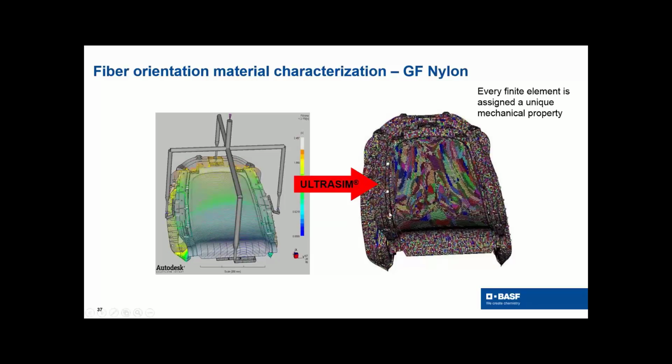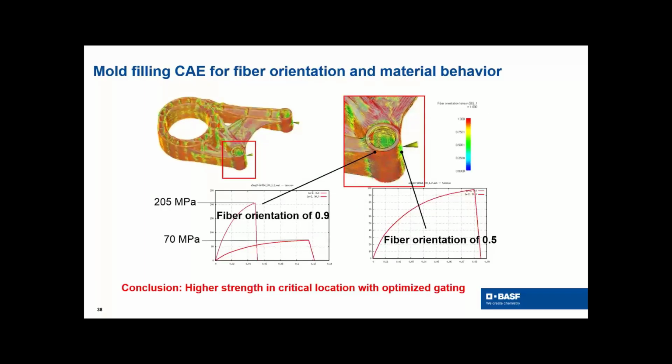So we use UltraSim, so at any given point, its strength may be weaker because it's cross flow, and it may be stronger where it's inflow, and our software takes that into account. And therefore, we can accurately predict if a part is going to fail in any area of the part.